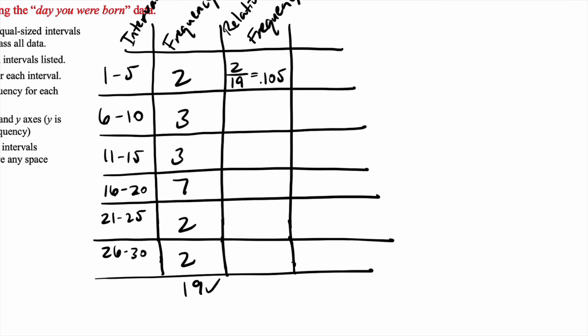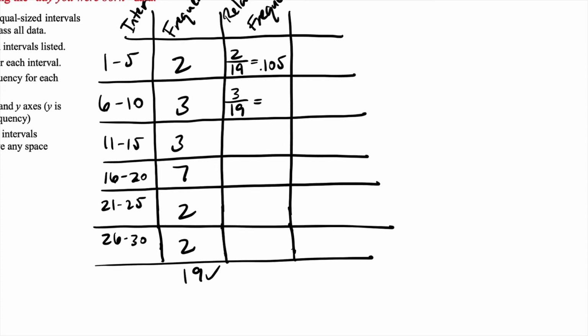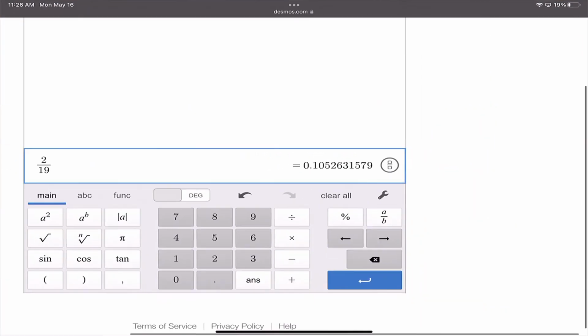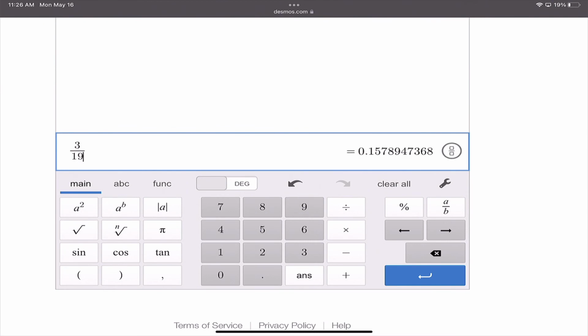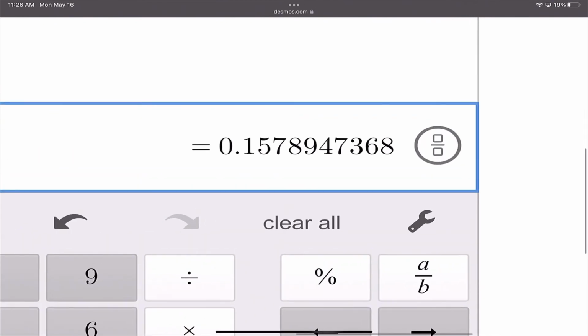Okay. The next two are the same. So once I do one, I can do the other. So I go 3 divided by 19. So this one is 157. The number after it is 8. So that means that 7's got to go up to an 8.